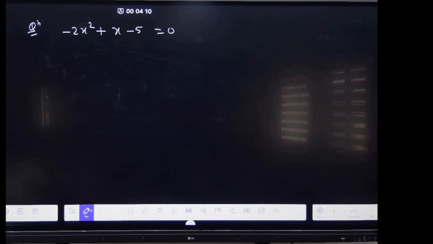Why are you sitting there? Come to the front. Don't you want to? You also come to the front.